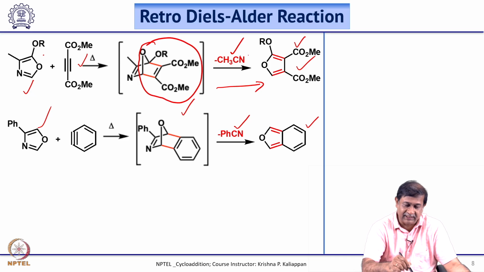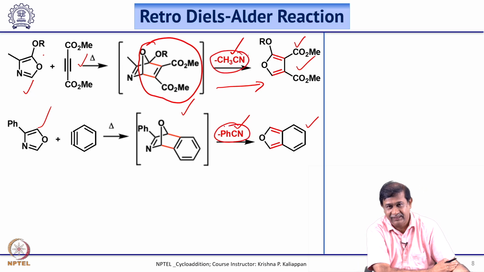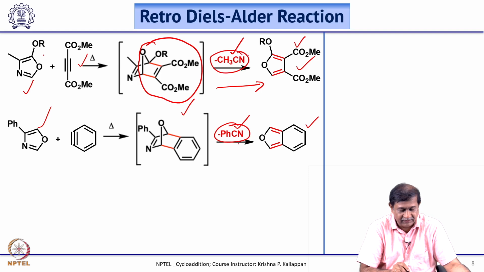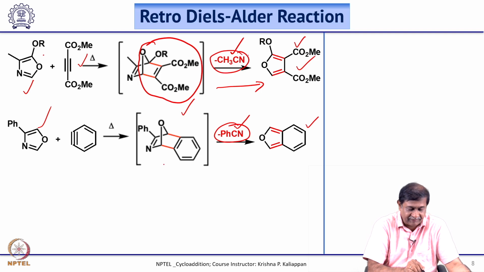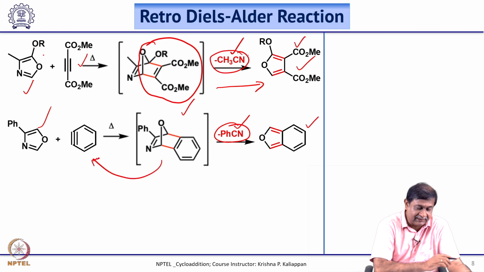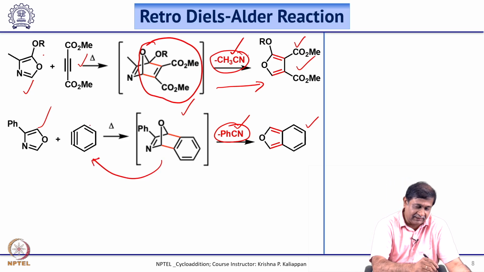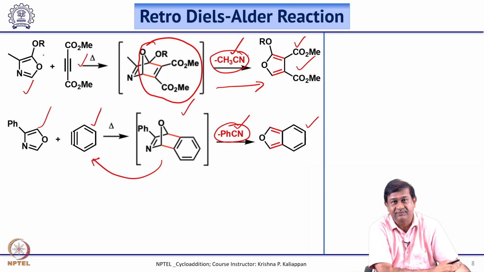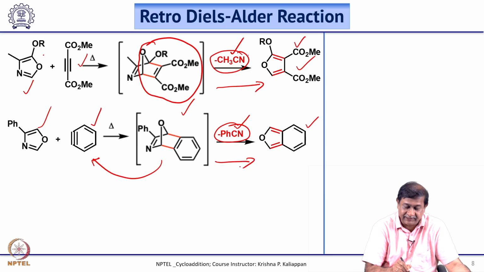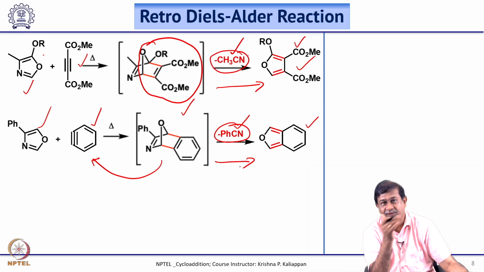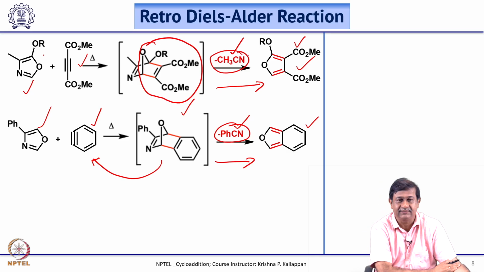Here you get the acetonitrile, here you get benzonitrile. And more importantly, if you see this reaction, the reverse reaction is not really favorable, because the 2-pi component which is used is very unstable. So, the forward reaction, that is the retro 4+2 cycloaddition reaction, is more favorable under this condition.